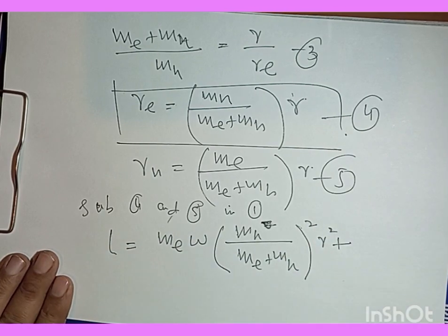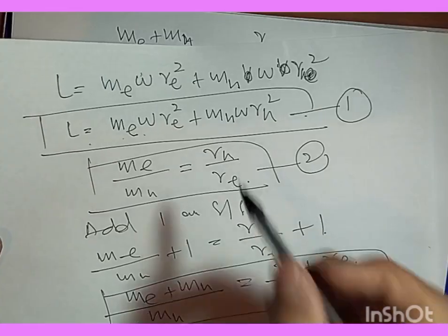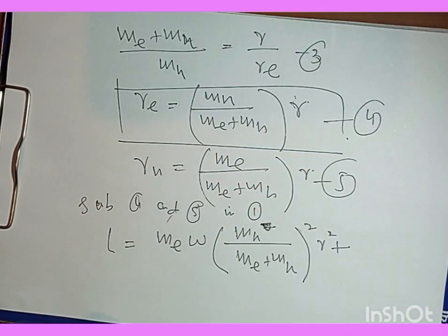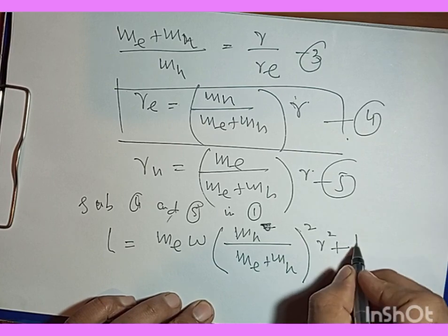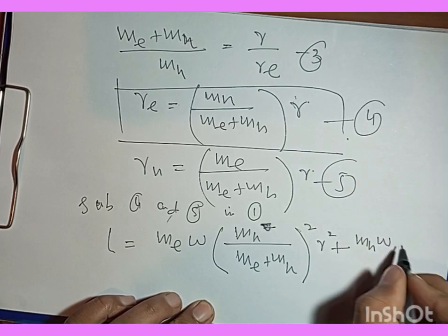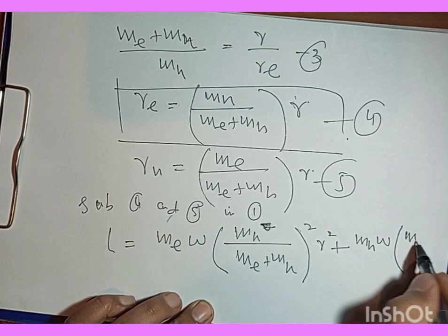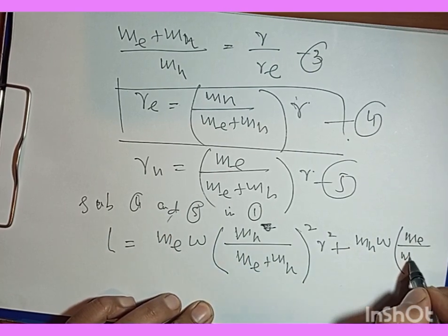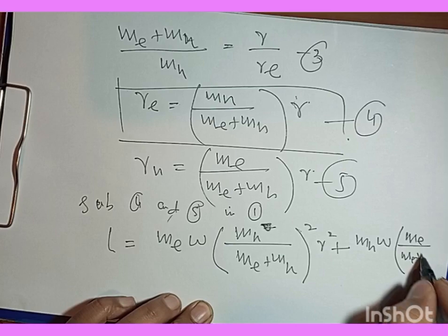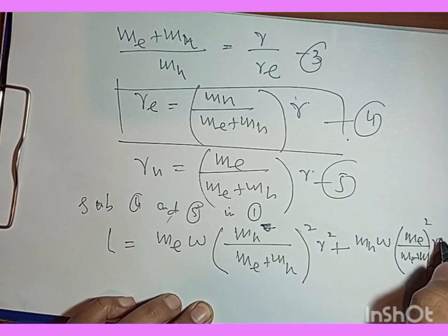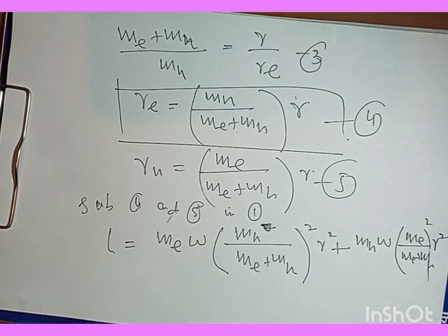Plus then we have Mn omega Rn square. Instead of Rn, I have Me by Me plus Mn, whole square, and R square. That should be the case.